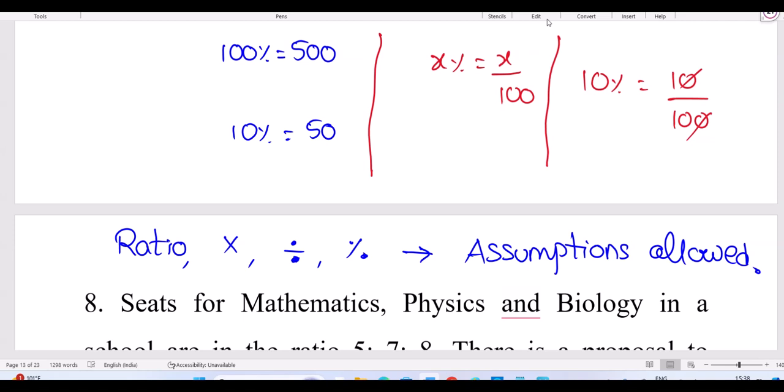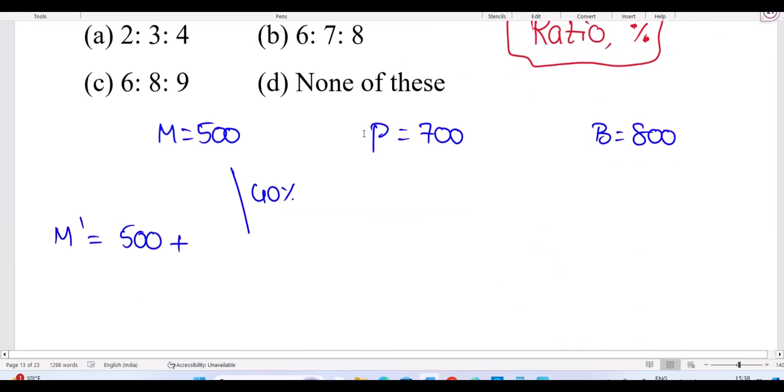For 15, what is 10%? 1.5, dividing by 10. For 50, 10% means 5. For 15, 10% means 1.5. For any value, 10% means divide by 10 and give the value. Right?